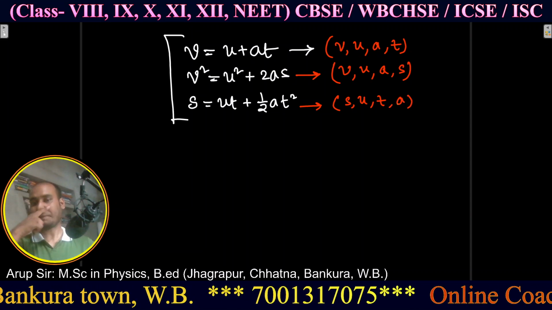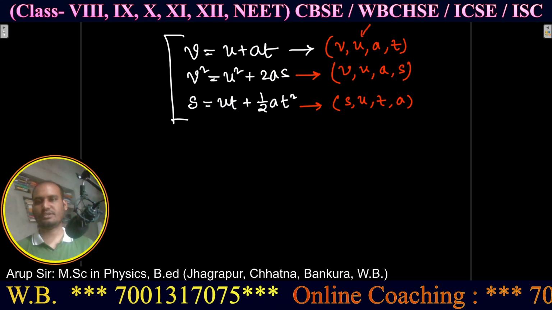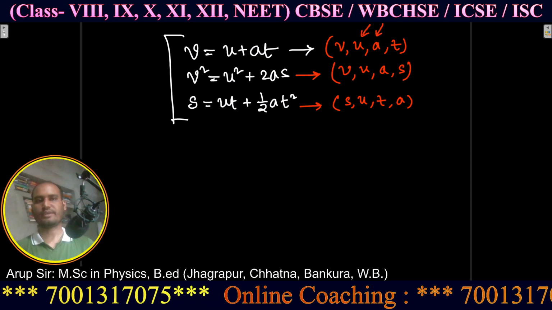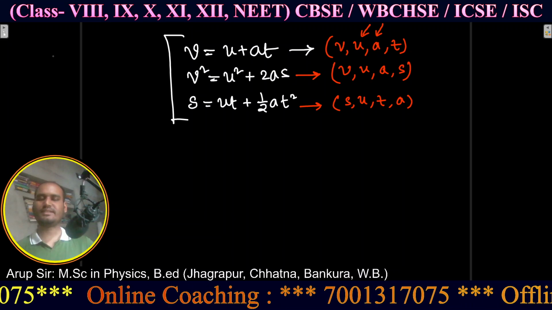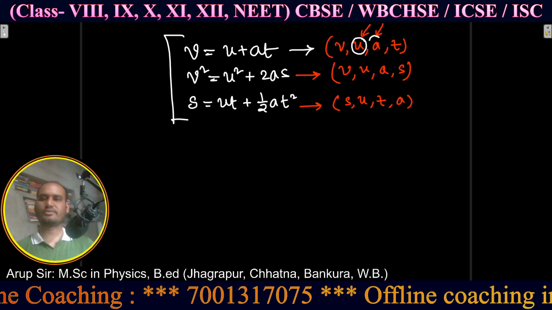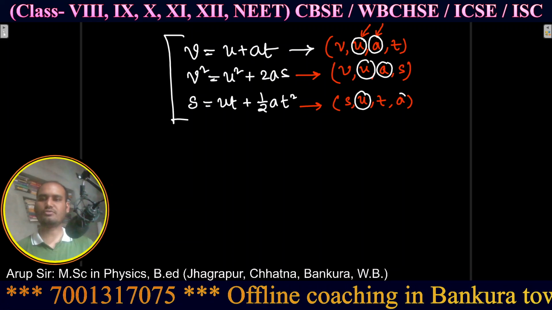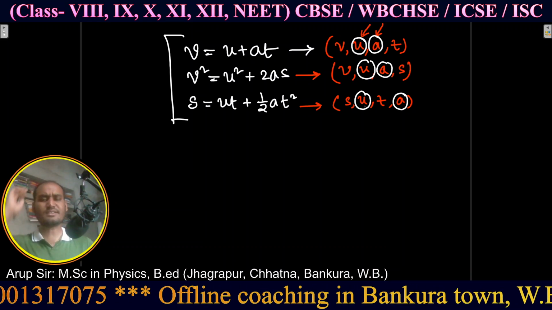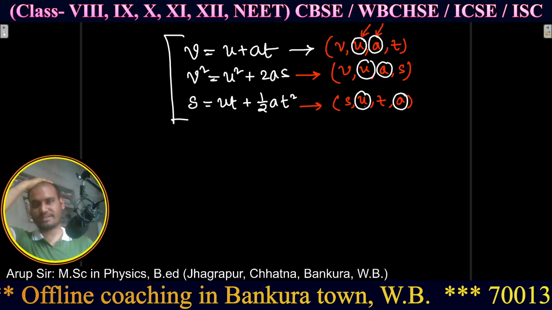See, in all these 3 equations, u and a are common. So when you are going to solve or calculate the numericals, if initial velocity and acceleration, these 2 things are somehow known, then it is very much easier to calculate that problem.